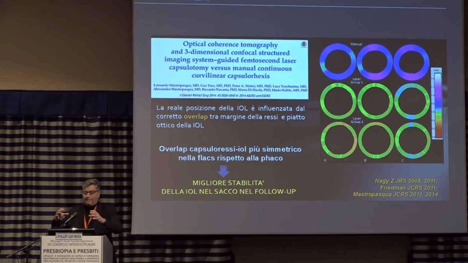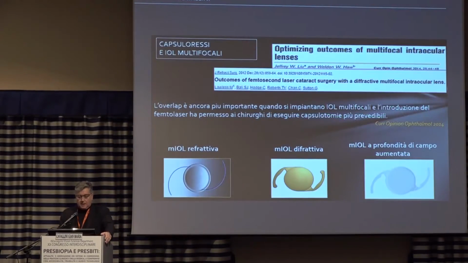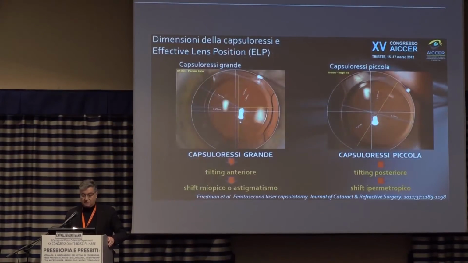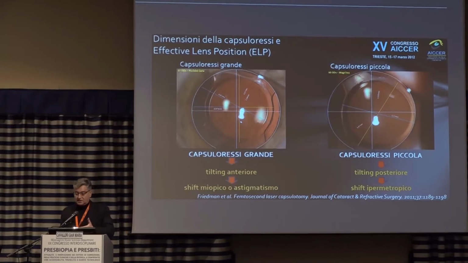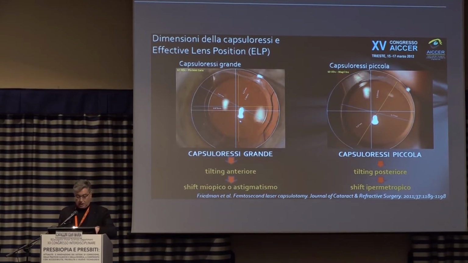So he compared femto and manual ones, and those with femto showed better capsular overlapping. Well, this has implications for all the IOLs that you have seen, and also multifocal IOLs, which can be implanted with greater confidence in terms of visual outcome.